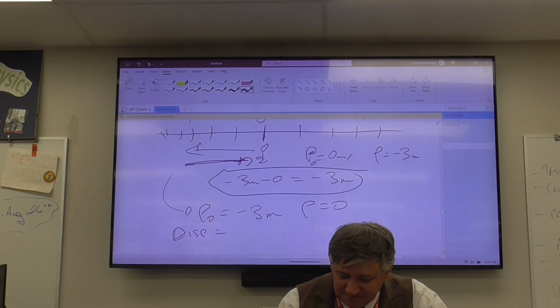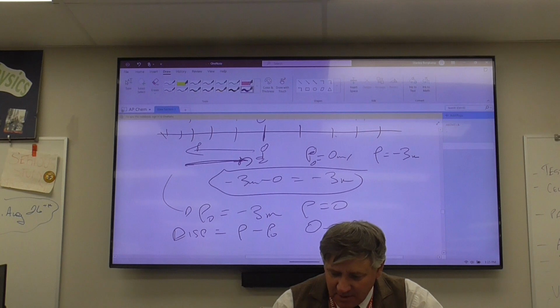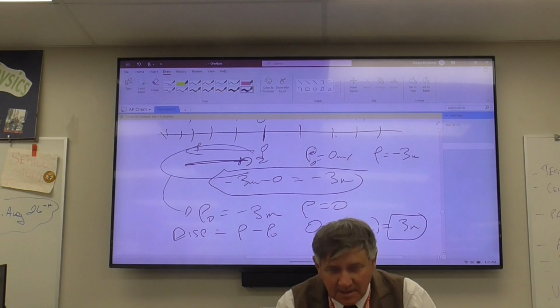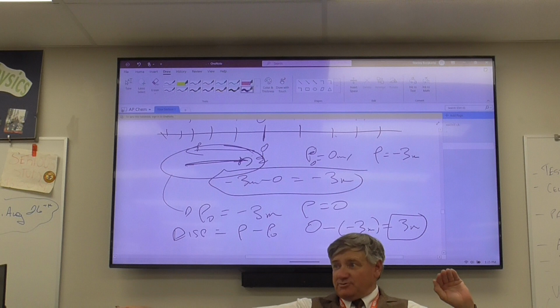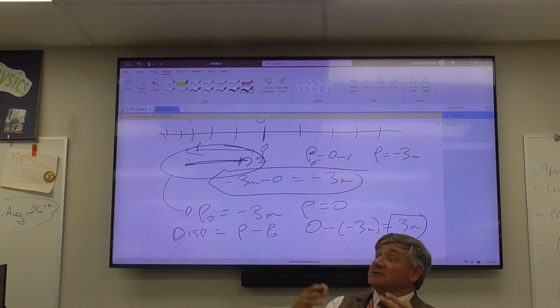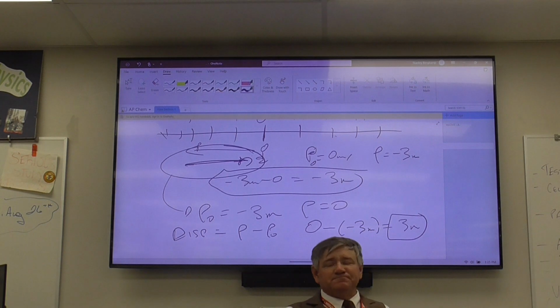Your displacement is going to be position final minus position initial. So my final position is 0 minus -3 meters. I'm going to get 3 meters. Again, that now has a magnitude and a direction. I came back in this direction. It's a vector quantity, right? Magnitude and direction.